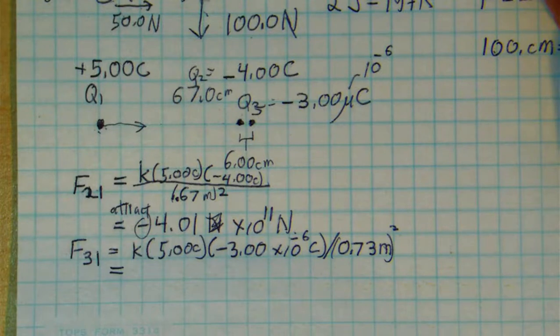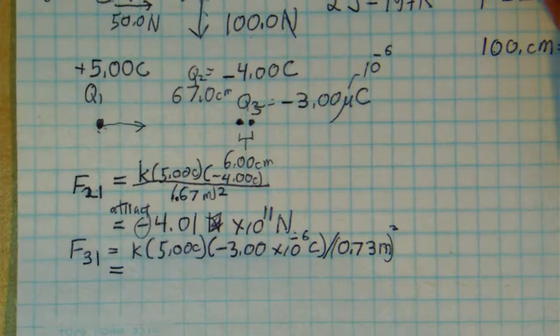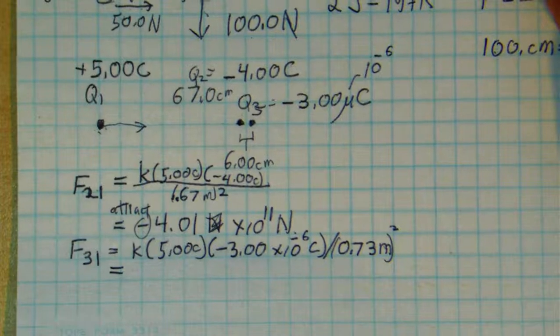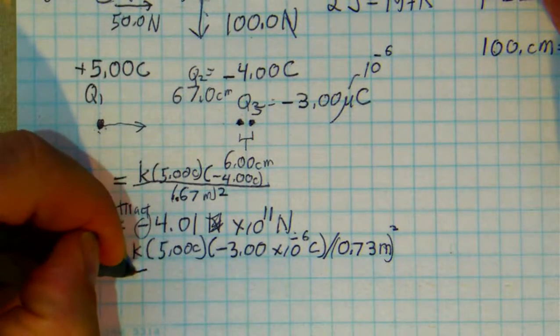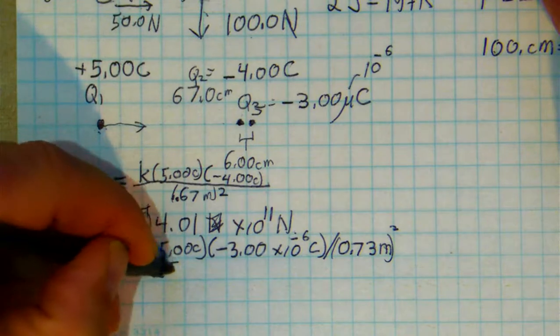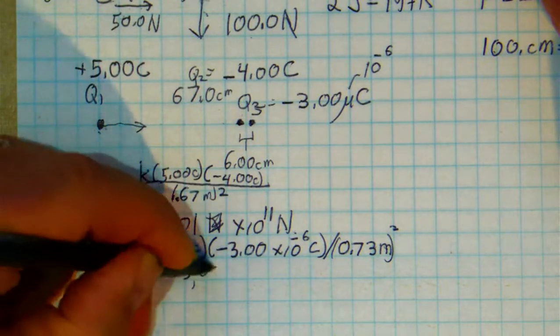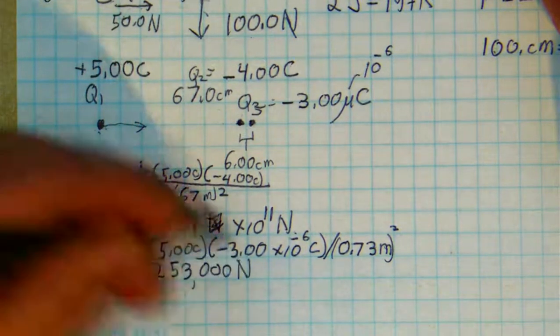Alpha K times 5 times negative 3 times 10 to the negative 6 divided by 0.73 squared. Huh. I get negative 253,000 newtons.